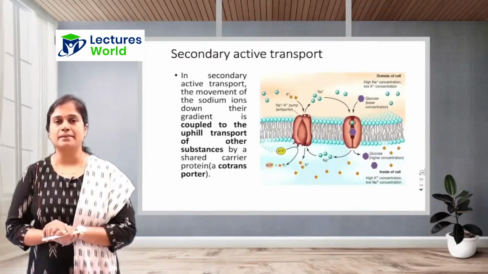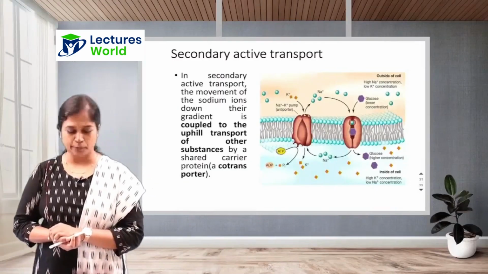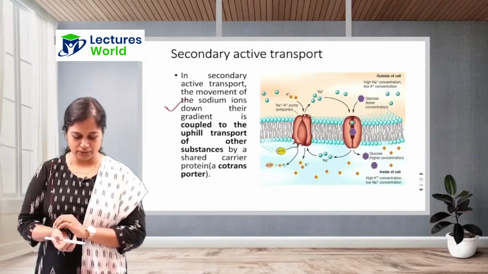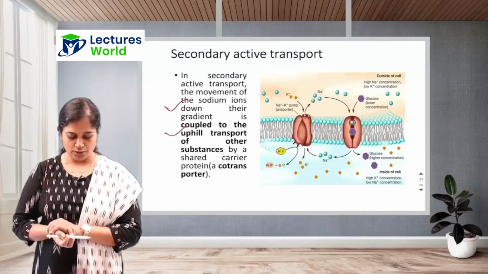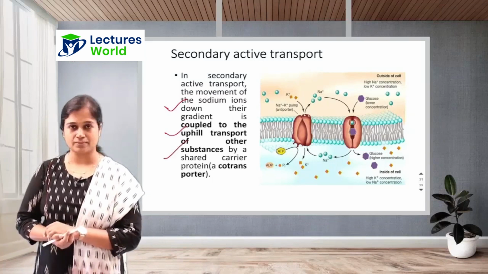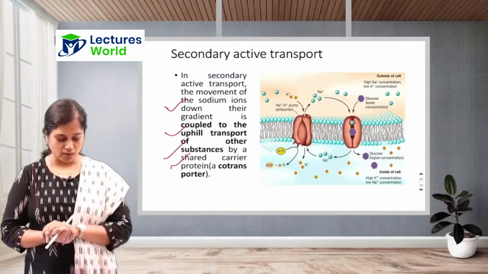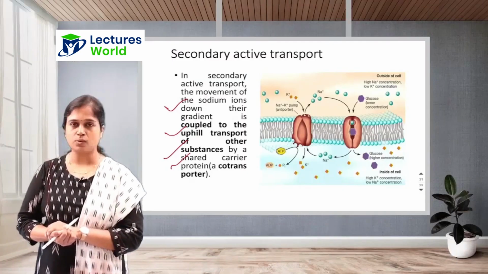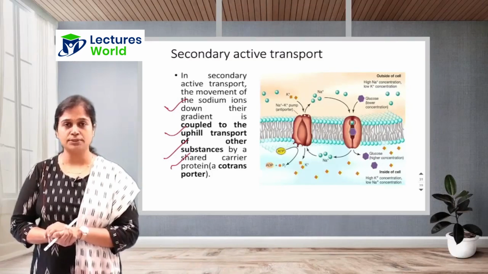Another is the secondary active transport. In secondary active transport, the movement of sodium ions down the gradient is coupled to the uphill transport of another substance by a shared carrier protein, or it is called a co-transporter. So here two molecules are moved together.